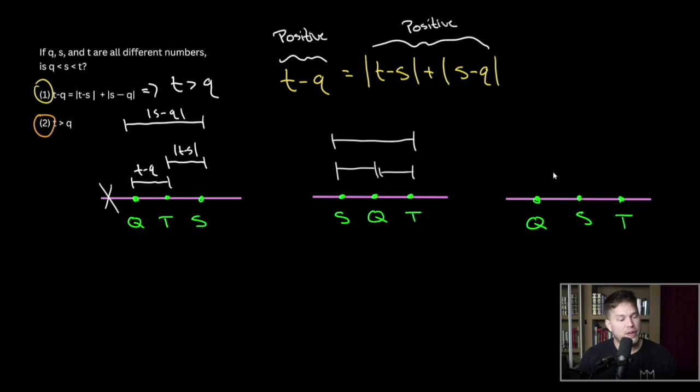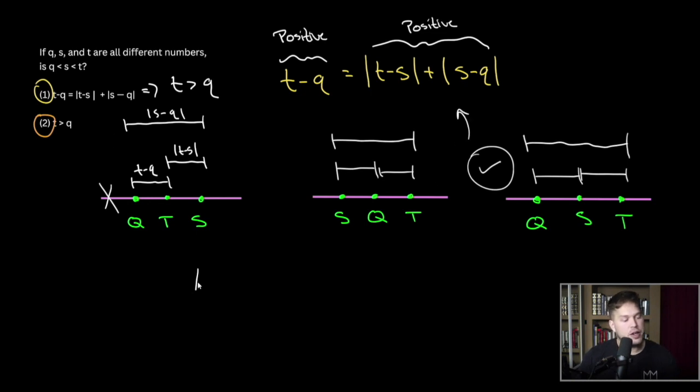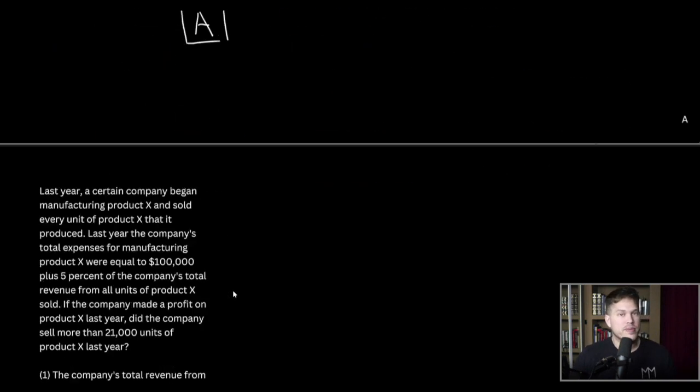Lastly, we have that t minus q, our big kahuna, is equal to t minus s plus s minus q. And this is valid. This is the only one that works with our statement. Therefore, our answer here is going to be statement A, answer choice A. Statement 1 alone is sufficient to answer this question.